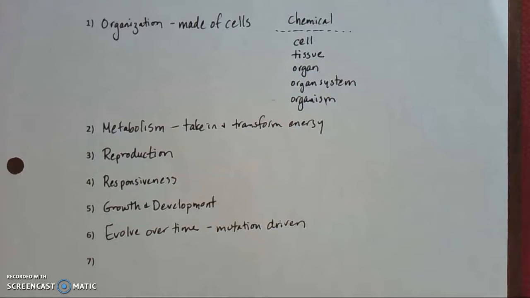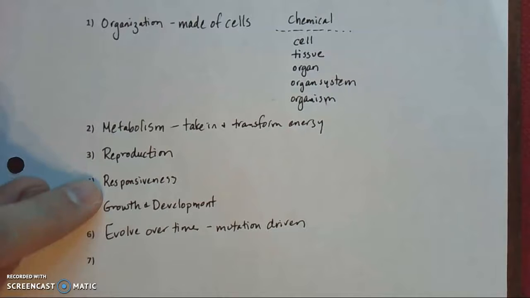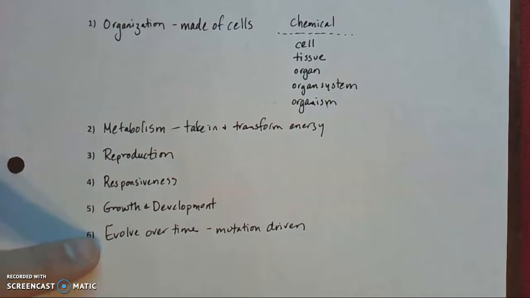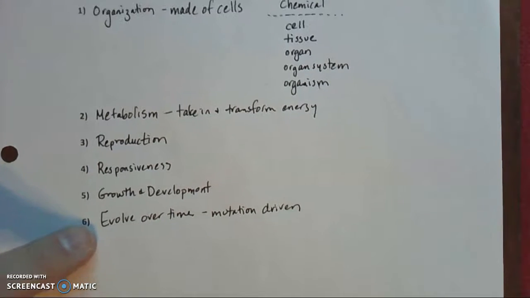So we end up with that mutation being prevalent in every cell in the body, potentially. And that drives the process of evolution over time. So responsiveness is more of a quicker time period. Evolution takes a lot of time and is driven by mutations.